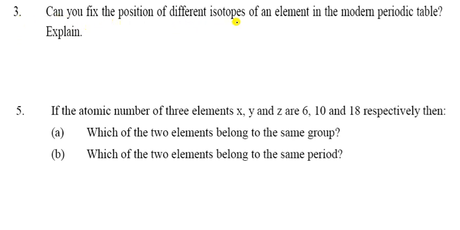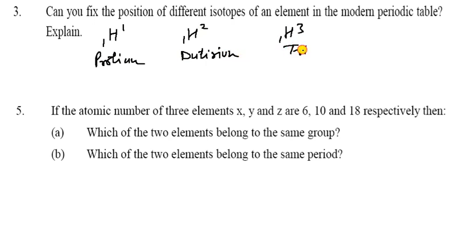Can you fix the position of different isotopes of an element in the modern periodic table? Yes. Hydrogen has 3 isotopes: 1H1 is protium, 1H2 is deuterium, and 1H3 is tritium.